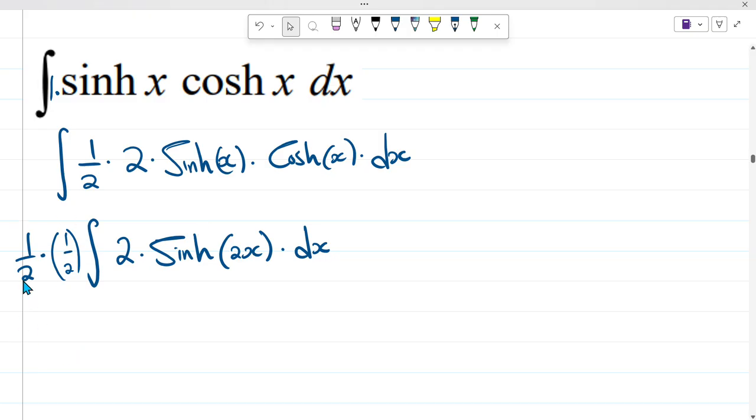Whatever is outside the integral should go with me to the answer. So that means I'll have 1 over 4 hyperbolic cos of 2x, plus c. Then that's it. You are done with that question. You are definitely done.